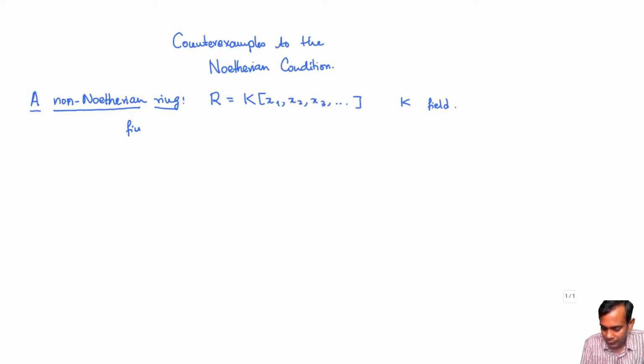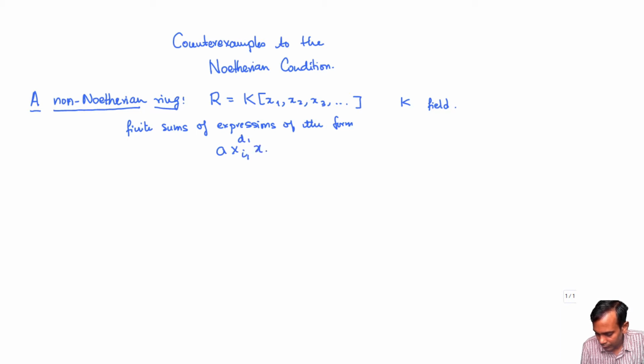So finite sums of expressions of the form a xi1 to the d1, xi2 to the d2, xir to the dr. So we just take a finite sum of expressions of this form. The result is called a polynomial in infinitely many variables. So each monomial in this is still finite, and you're still taking only a finite linear combination of such monomials.